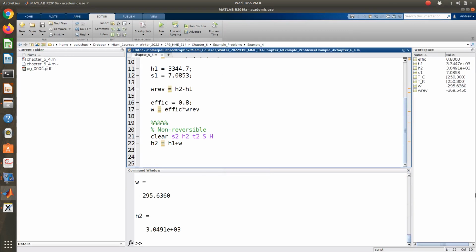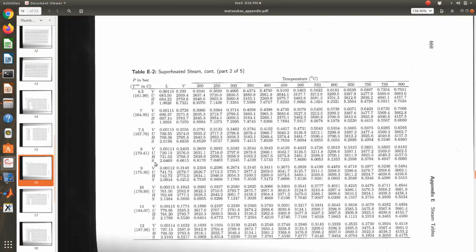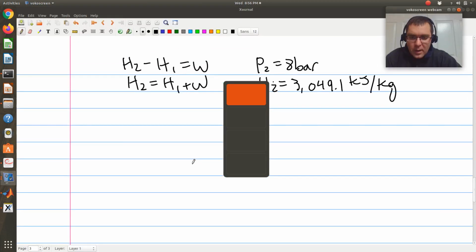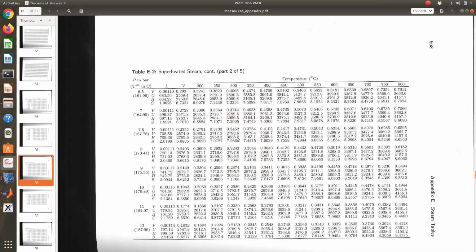I'm going to go to my steam tables again, which are now hidden. At 8 bar, I'm reading across enthalpy for 3049.1, and I see that I'm between 250 and 300 degrees again. That's right where I was last time.